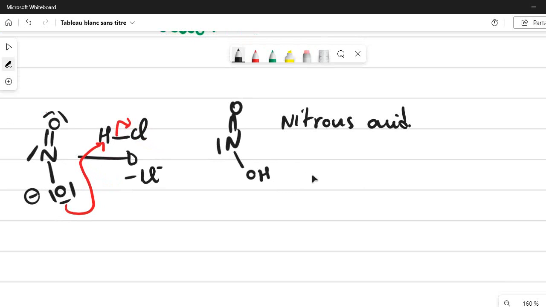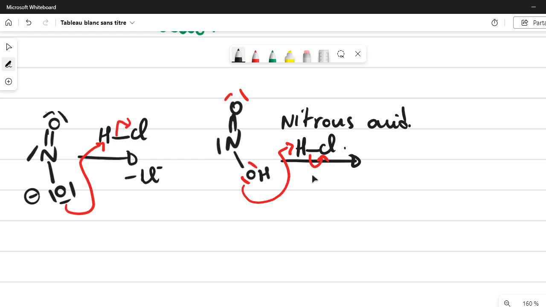So whenever we form a nitrous acid, another reaction with HCl is probably found again. We are going to try to do the same thing. We're going to form another molecule, which is NO, the nitrosonium, okay?